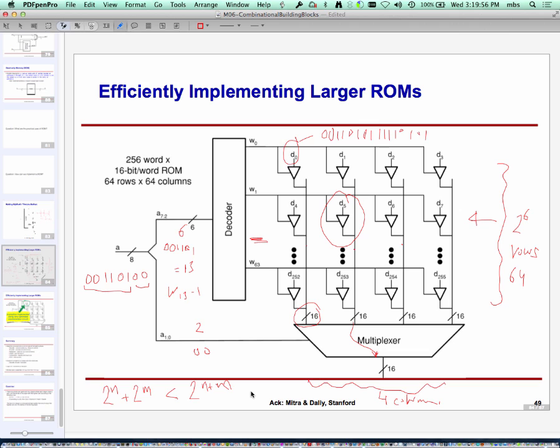Physically, actually, this design may turn out to be faster. So that extra multiplexer cost may be overwhelmed by the saving in the length of the wire. But again, I would emphasize, you guys don't need to care about these issues. Those are circuit issues which you'll learn later.